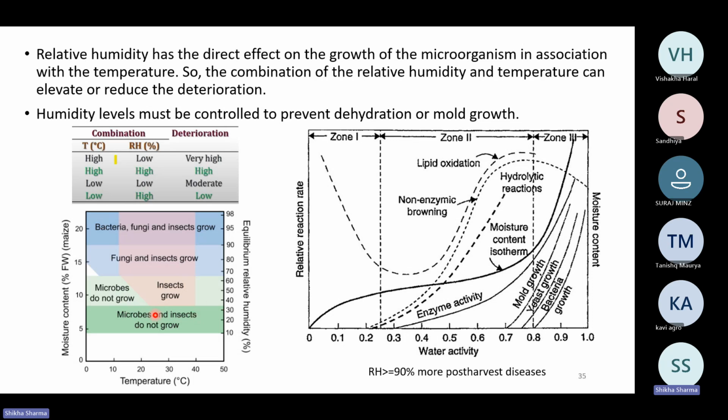At very low relative humidity, less than 0.6, microorganisms cannot grow, but insects can. At around 30 degrees Celsius, which is the optimal temperature, and 0.6 to 0.4 water activity, only insects can grow in this range. So this graph is very good, and it precisely tells the combination of moisture content and temperature.